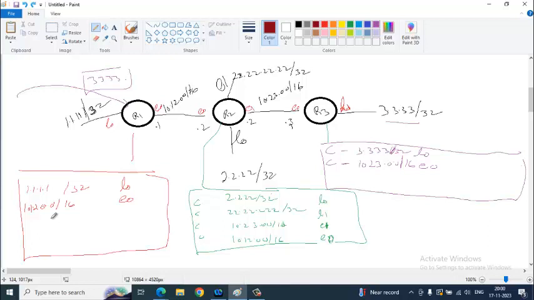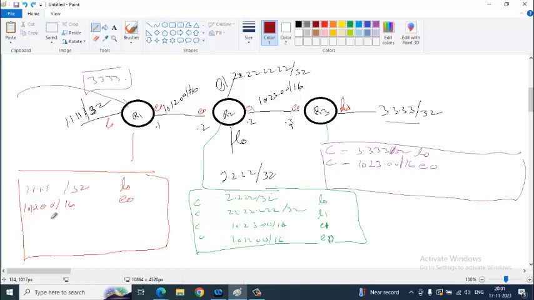In R2 I need to write 2 static routes. Fine. You can do that, or on the edge routers, see R1 is an edge router. Likewise, R3 is also an edge router.